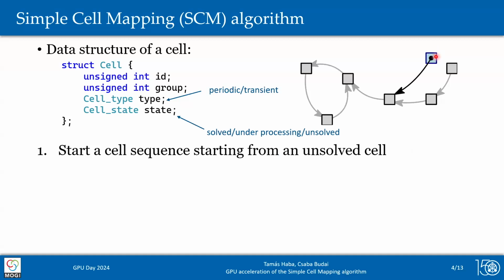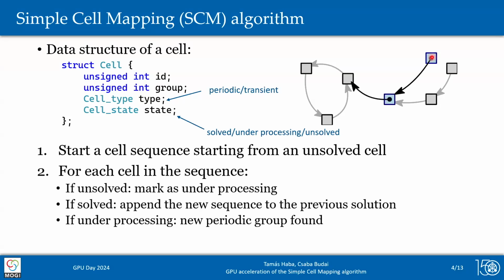So we start by choosing an unsolved cell and build a cell sequence from that. Along the solution, for each cell, we check its state. If it's unsolved, then we mark it as under processing, and we go on until eventually we end up on an already marked cell.